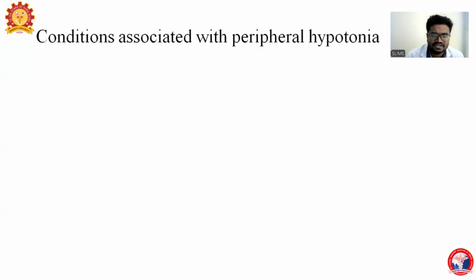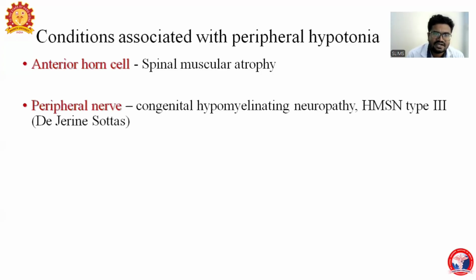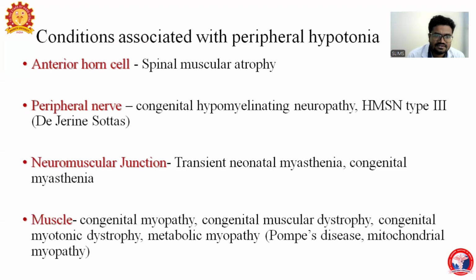So, the conditions associated with peripheral hypotonia are: pathology involving the anterior horn cell, like spinal muscular atrophy; pathology affecting the peripheral nerve, like congenital hypomyelinating neuropathy or Dejerine-Sottas syndrome, which is a peripheral neuropathy; conditions affecting the neuromuscular junction, which are transient neonatal myasthenia and congenital myasthenia.